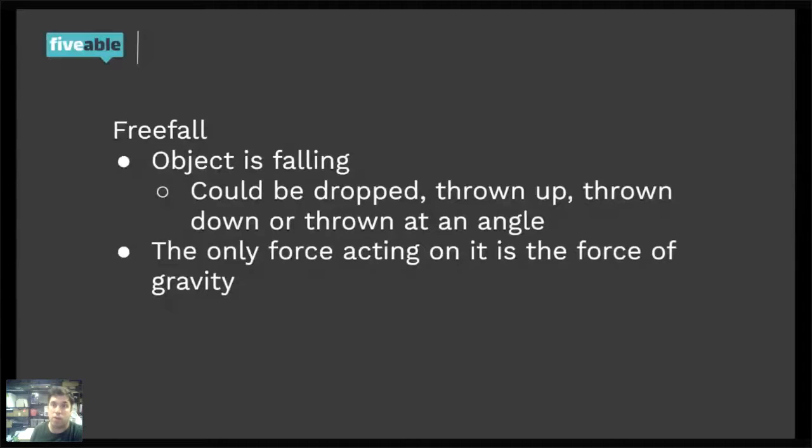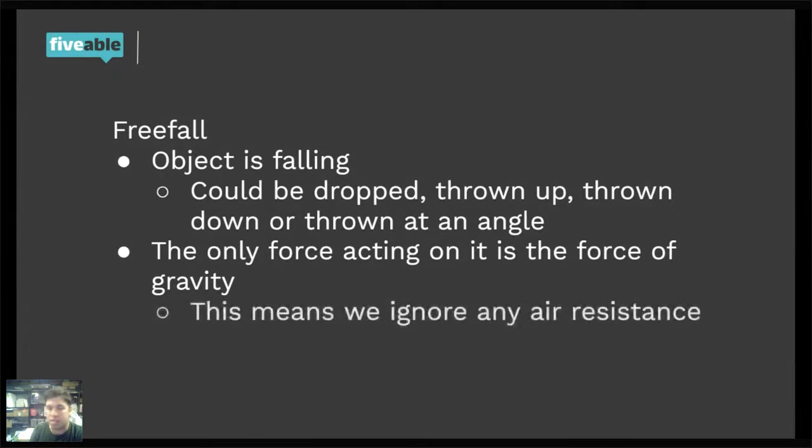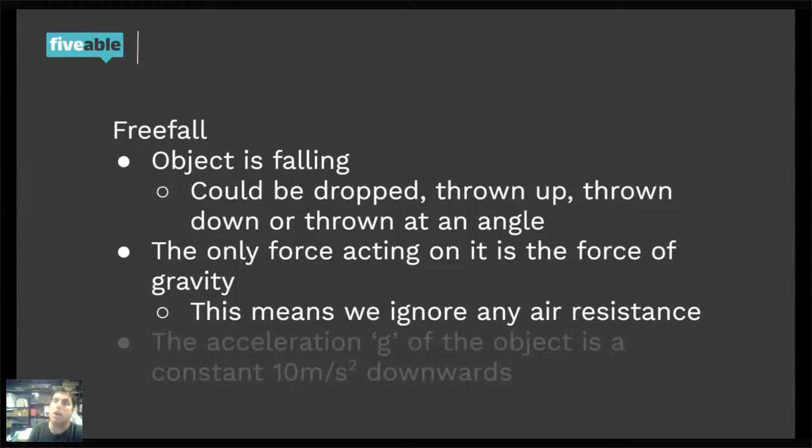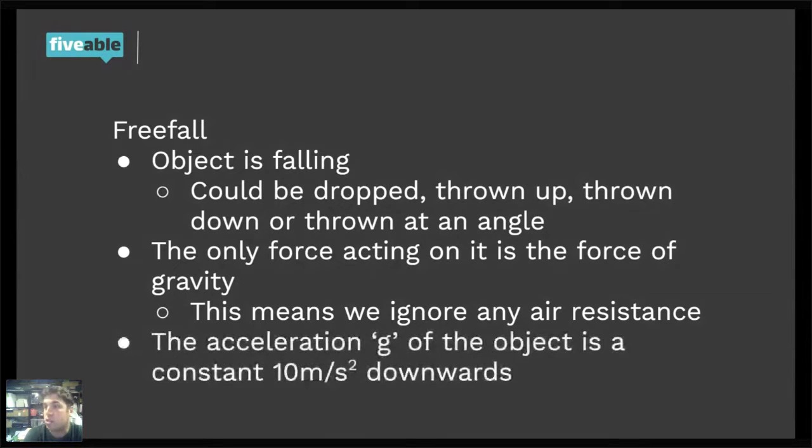the force of gravity. And as long as we are relatively close to the surface of the Earth, we get to ignore any air resistance in between. The air is not going to make a big difference, if any, here. And as long as we're on or near the surface of the Earth, the acceleration of this object is about 10 meters per second squared, and it's a constant value.